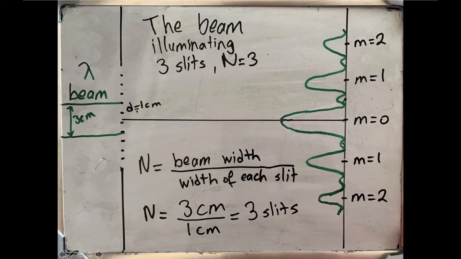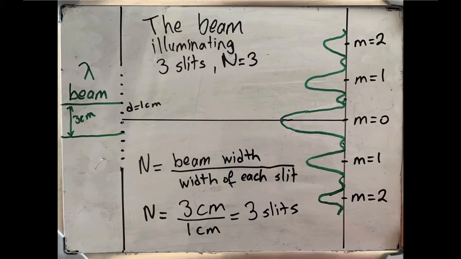Depending on how many lines per millimeter there are on the diffraction grating, D will be different. In my diagram, D is 1 centimeter. In a real diffraction grating, this will obviously be much smaller, but these are numbers to help our eyes and to have a bit of a scale diagram. So D is 1 centimeter and I have a beam of thickness 3 centimeters.